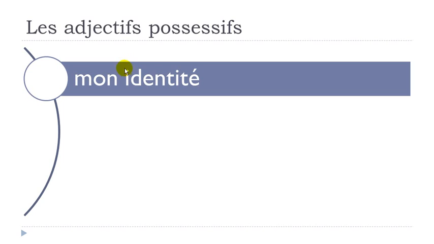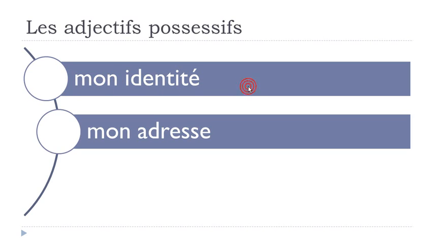So for that reason, we put the masculine adjectif possessif. So remember, with feminine words that start with a vowel like I here, identité, you will have to use the masculine form. So it goes like mon identité, so my identity, mon identité.